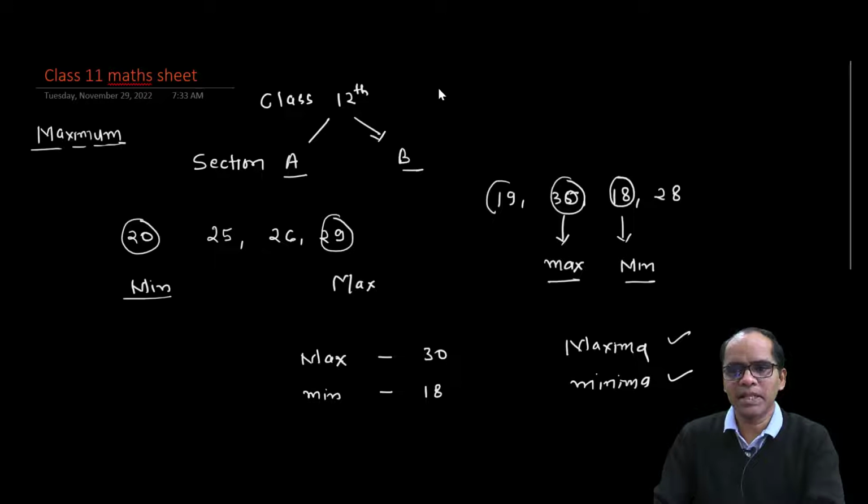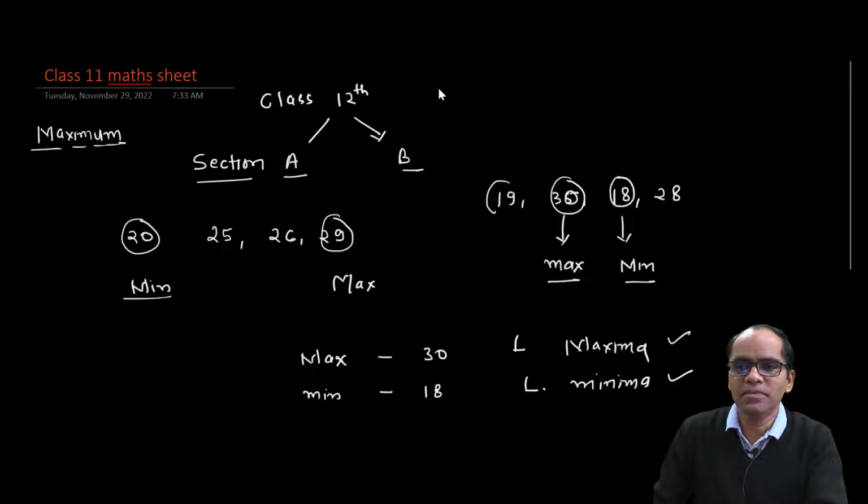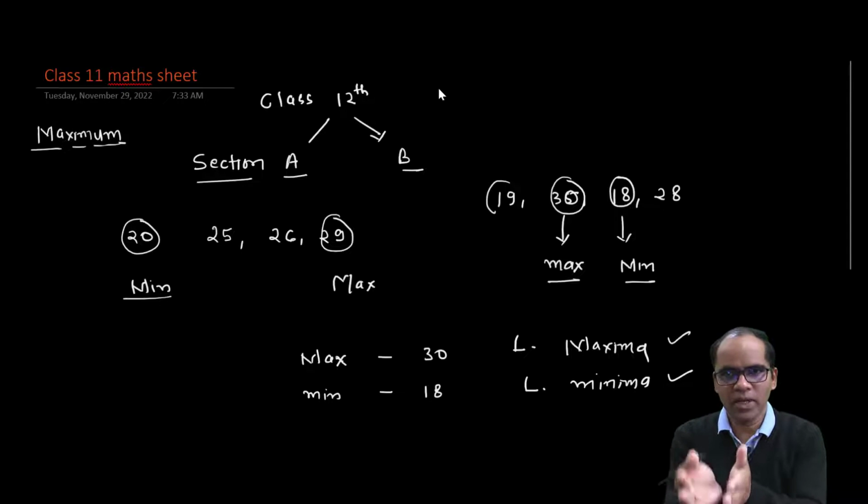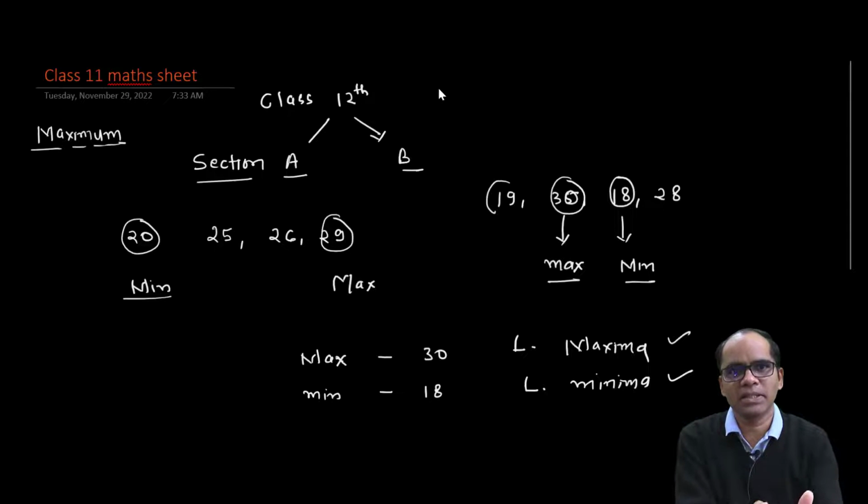In this case, the maximum and minimum value for section A is 29 and 20. So this 29 and 20 are the maxima and minima values for this local section. We call this local maxima. We add the term local, because if we talk about local, that value belongs to a particular section.